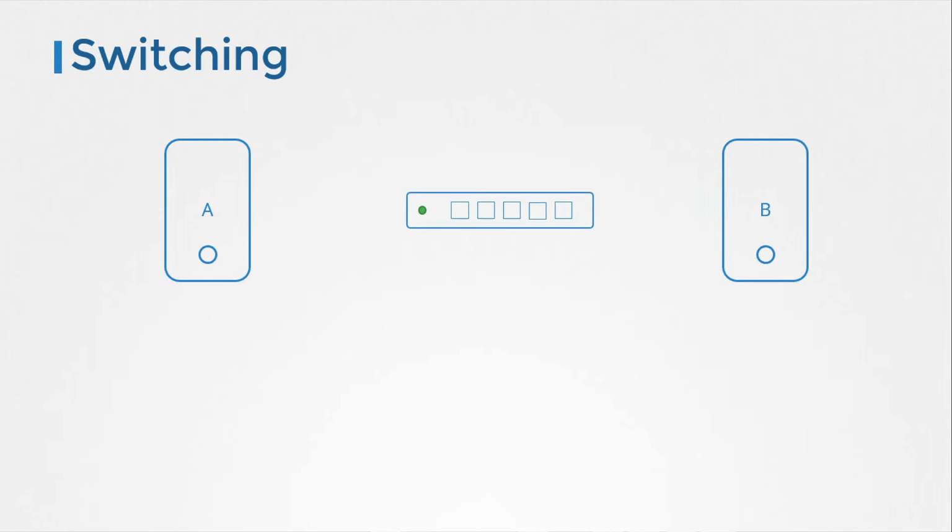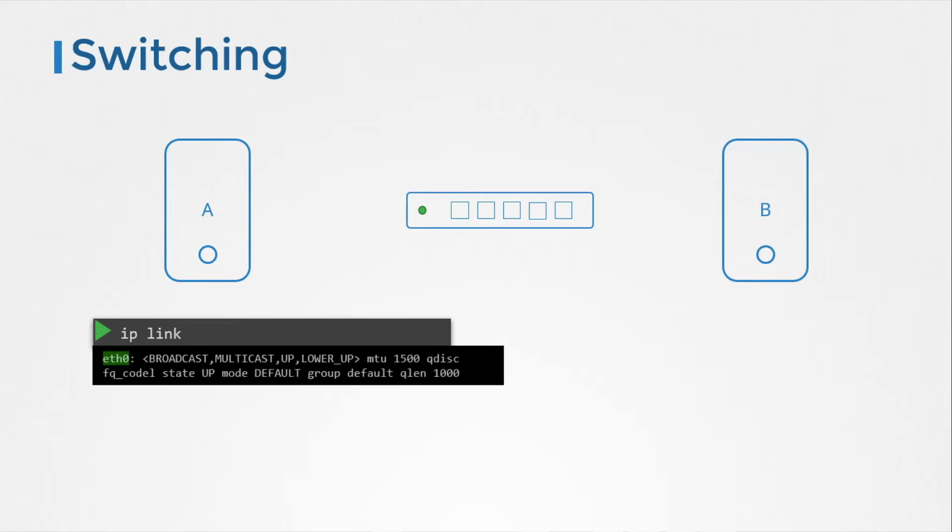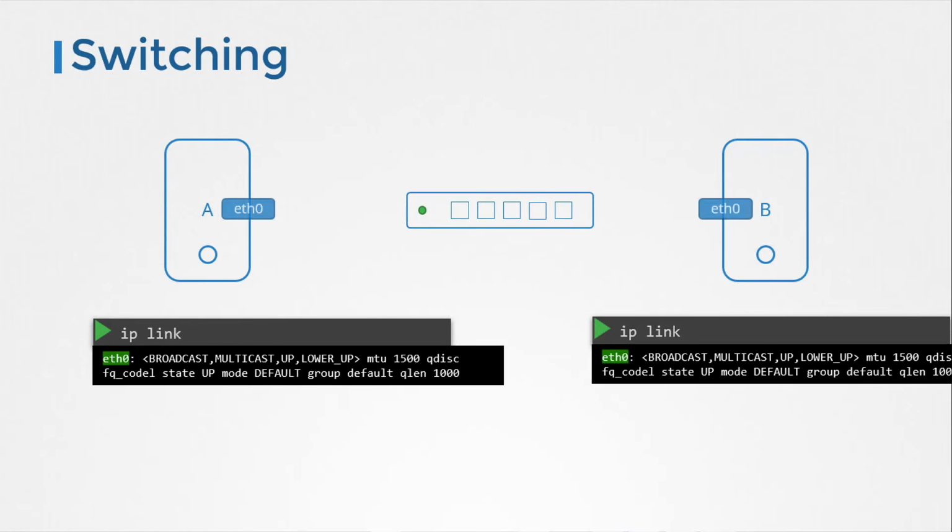We connect them to a switch, and the switch creates a network containing the two systems. To connect them to a switch, we need an interface on each host, physical or virtual, depending on the host. To see the interfaces for the host, we use the ip link command. In this case, we look at the interface named eth0 that we will be using to connect to the switch.